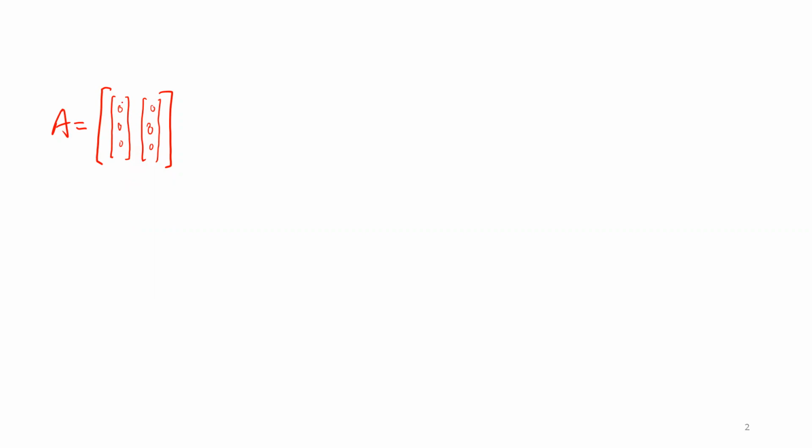This is the first column, and I make it into a row that has 3 elements. So the first column becomes the first row, and the second column becomes the second row. So now I form a new matrix.